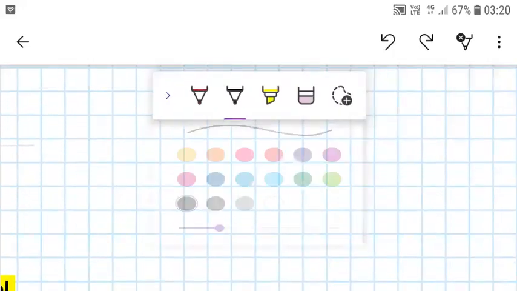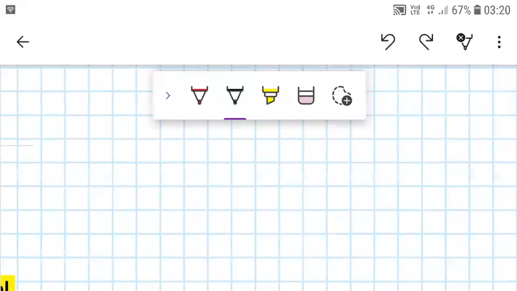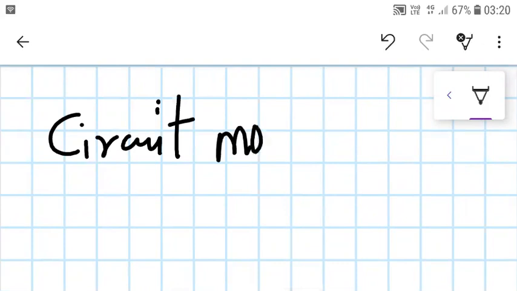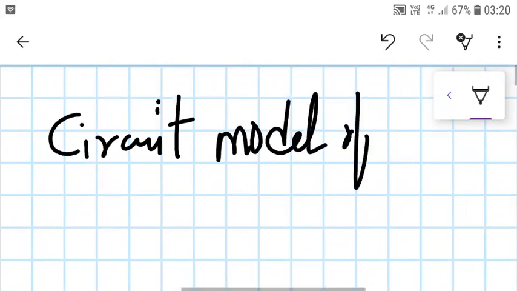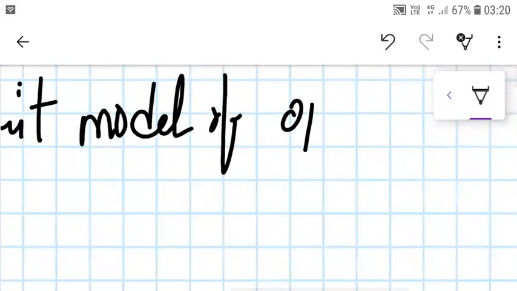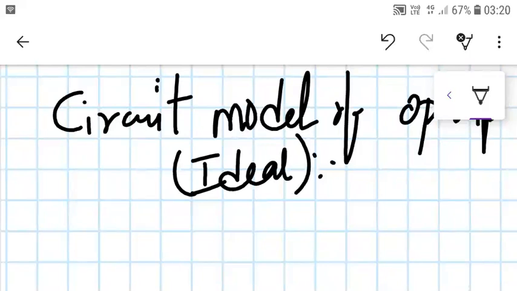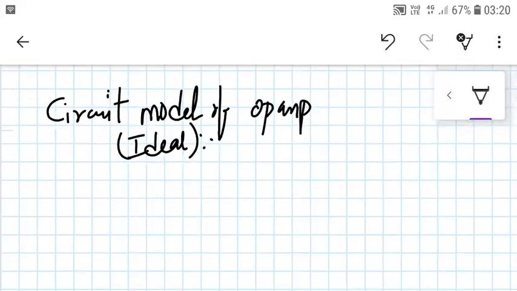Circuit model of op-amp. Remember, this is the ideal case. So a practical circuit will have a slightly different diagram.